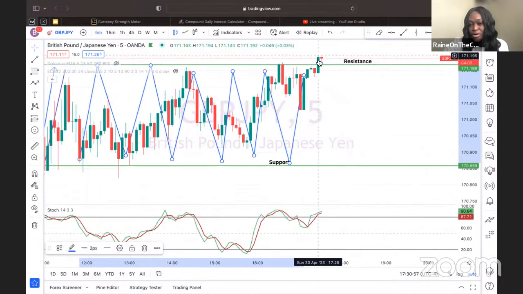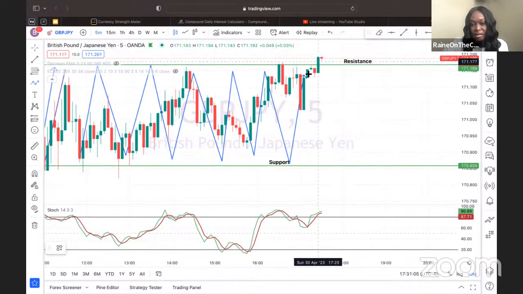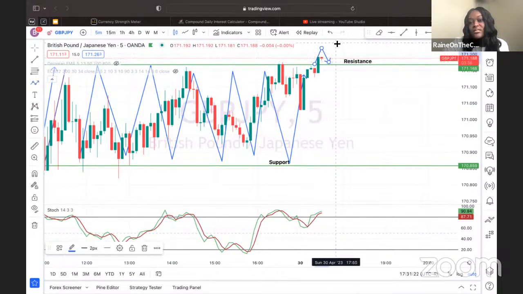Break above, close, a pullback, and then I continue to the upside, right? But that's something that I have to watch for, right? Once it closes above this area here, I'm going to be looking for a retest and then to take it up.